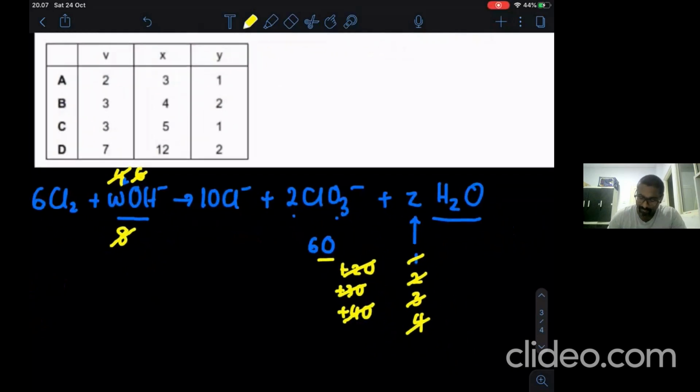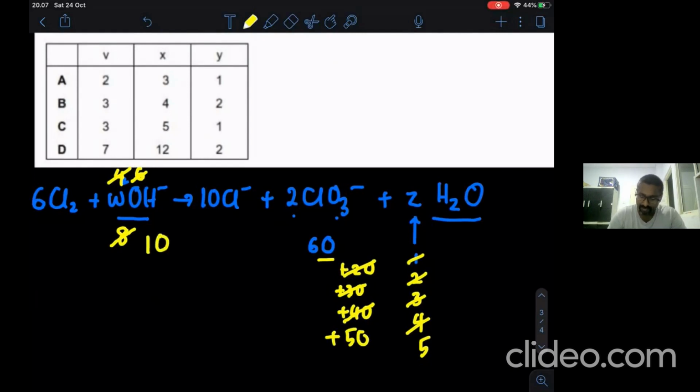So let's put 5. If I put 5, I will get 5 oxygen, so I'm going to get 11 oxygen. If I put 5 there, I'm going to get 10 hydrogen, so I put 10.